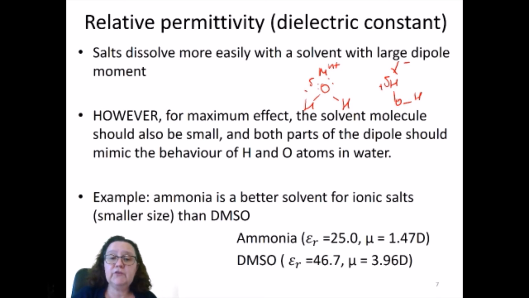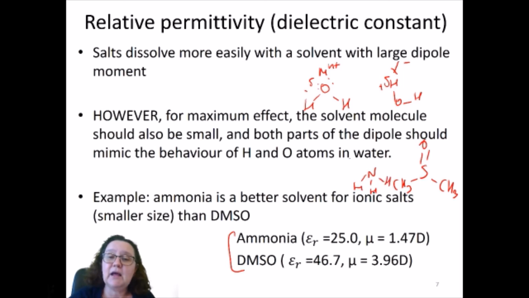So for example, if you look at ammonia and dimethyl sulfoxide, although both the dielectric constant and the dipole moment are larger for DMSO, dimethyl sulfoxide, ammonia is a better solvent for ionic salts just because it is smaller. And if you don't know how dimethyl sulfoxide looks, this is the shape of dimethyl sulfoxide, and this is the structure of the molecule of ammonia.